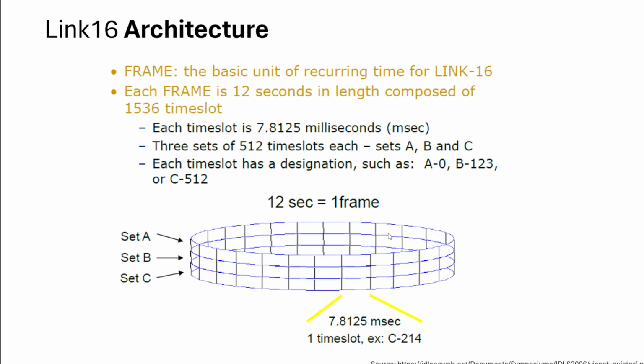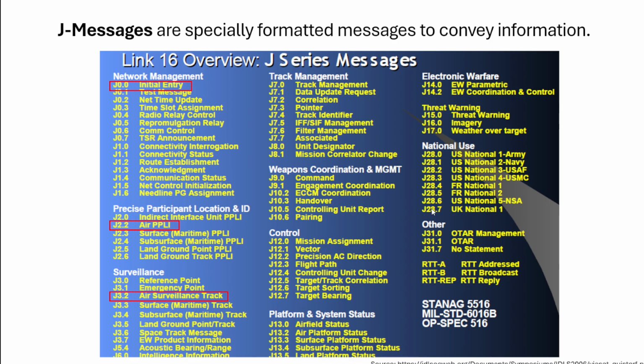Without getting too much into detail, Link 16 is jamming resistant. This frequency is not static. There is some frequency hopping depending on the configuration of the network. And you can imagine now that all these messages should be grouped by the interest of the unit.